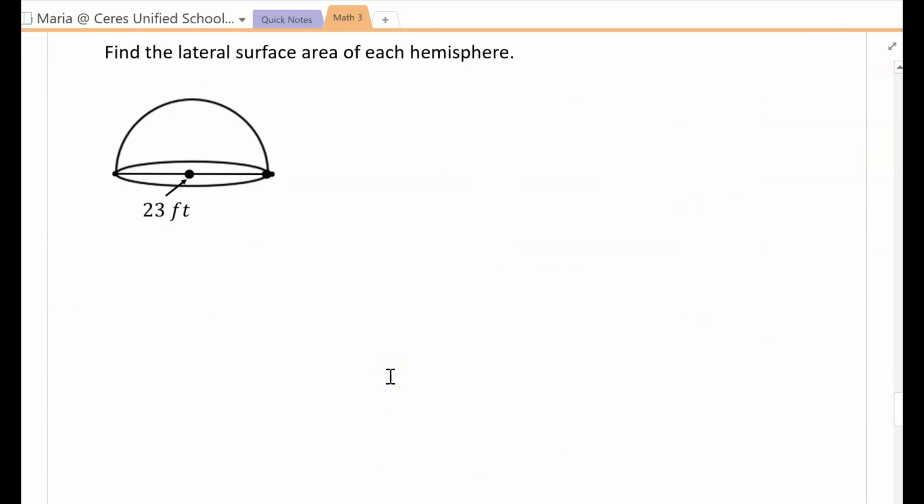It's pretty much the same. This is asking for lateral surface area, meaning again, no base. So the formula is S is equal to 2 pi r squared. Okay, so all you need is the radius, but be careful, here the full segment is shown, so that means this is actually the diameter.